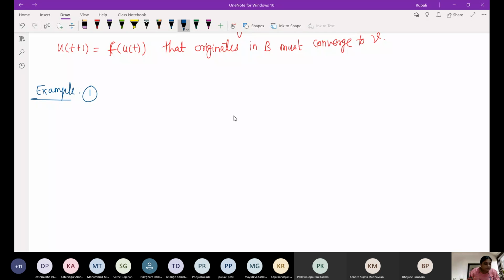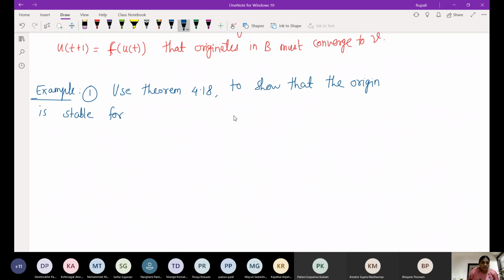Take the first example. Use theorem 4.18 to show that the origin is stable for the equation U at t plus 1 is equal to f of ut.